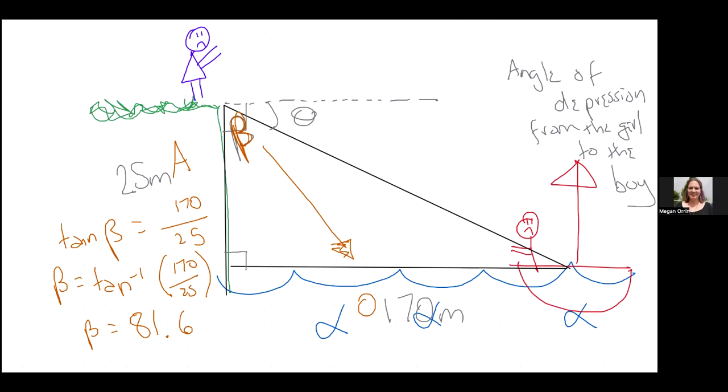So now I need to come back up here and find this angle because all I've done is find this. So it's going to be 90 minus beta. 8.37 degrees. So clearly 8.37, beta. All right.